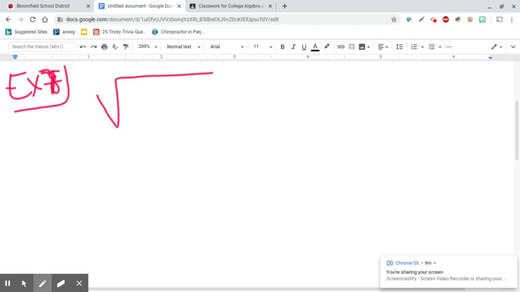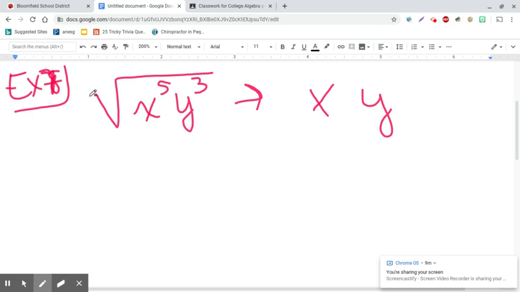Now we're going to do the square root of x to the 5th, y to the 3rd. Don't freak out, guys. All right? We're just going to do 2 separate fractions. That's all. So we're going to write our x and our y. Now, since they both are under the same square root, they're both going to have the same index. This is an invisible 2.